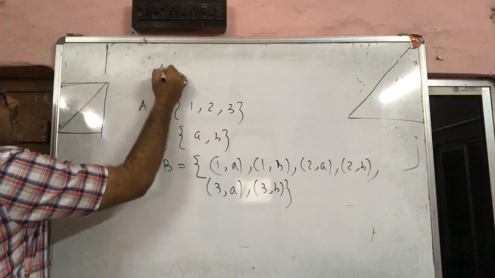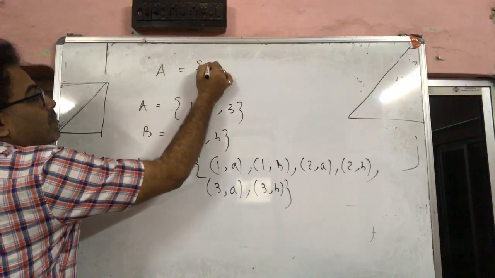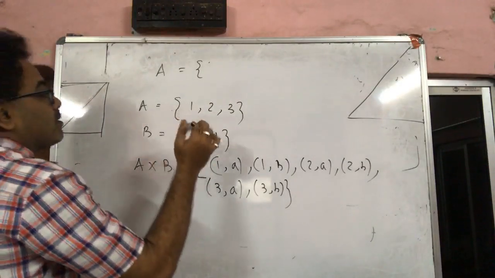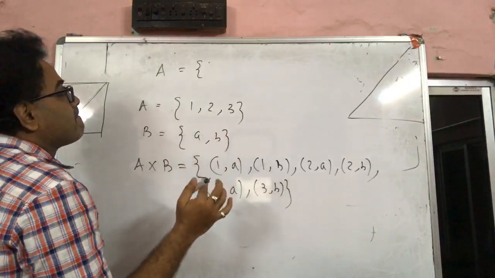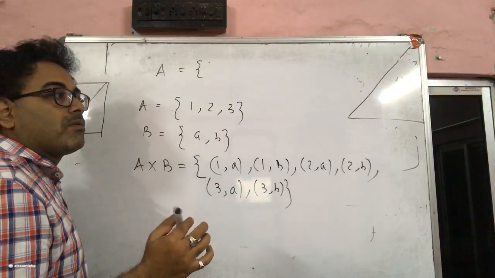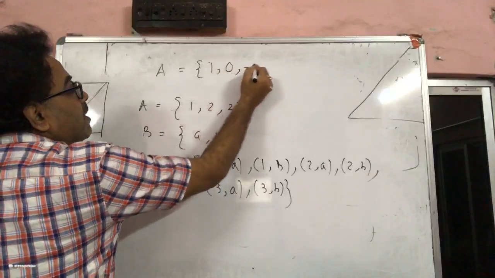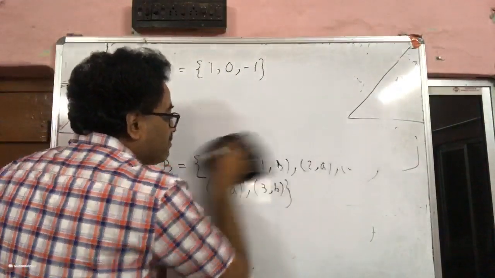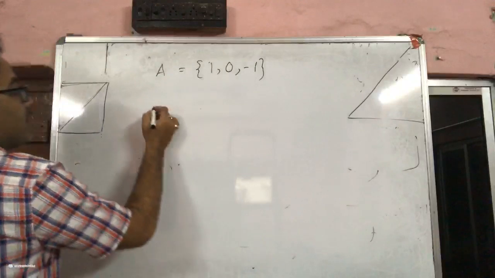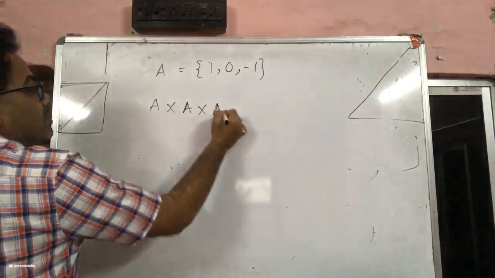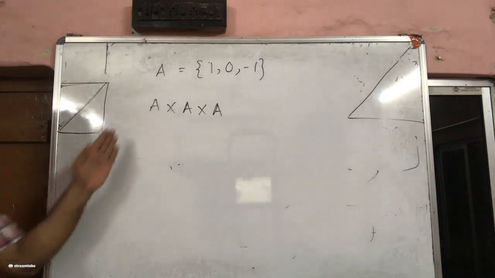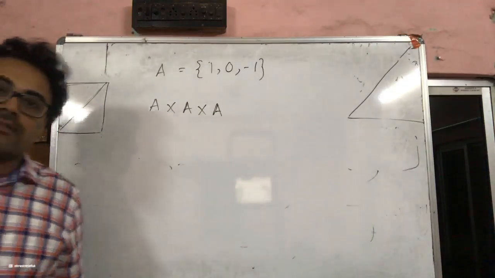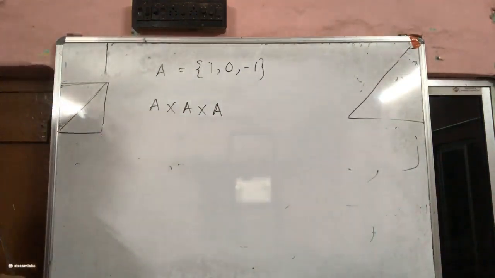Now just like A is, one example I am taking: 1, 0, minus 1. And A cross A. That means elements of A will be related to elements of A, again elements of A. Okay, so how to link up?